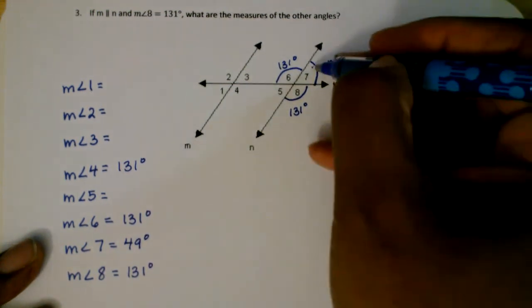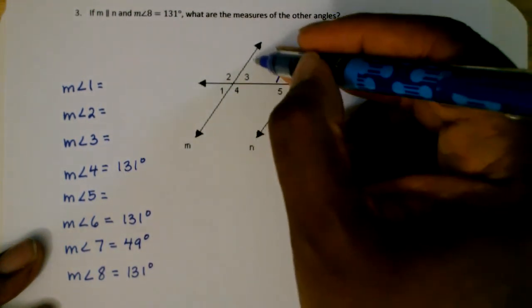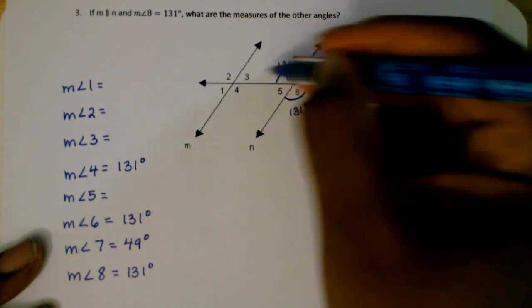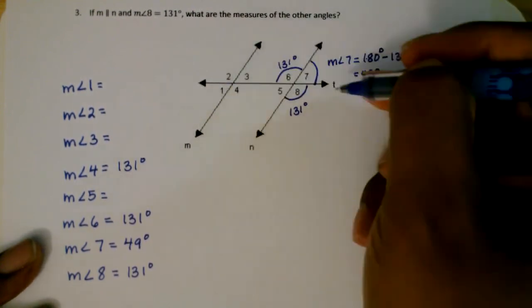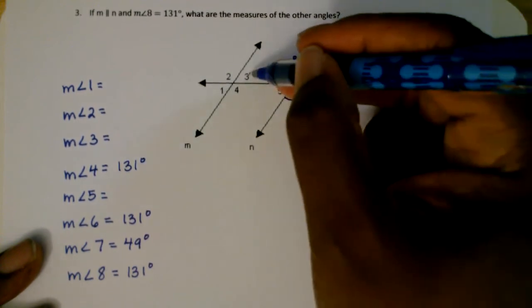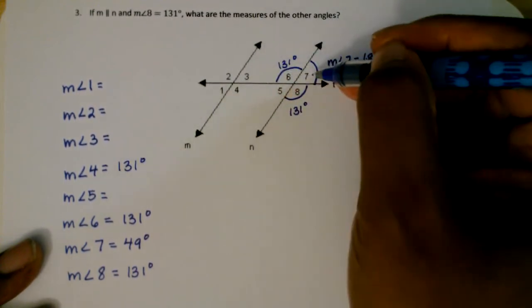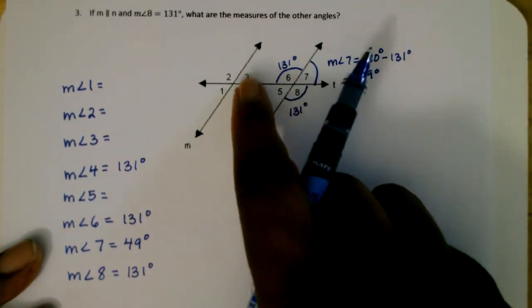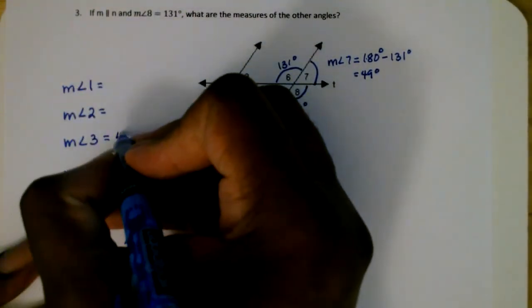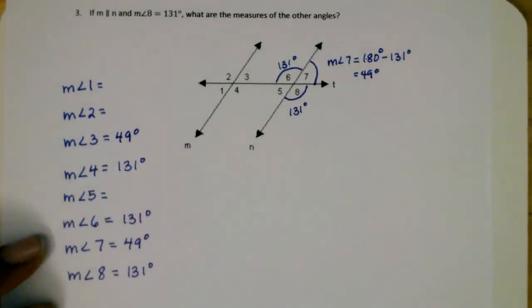Compare angle 7 with angle 3. Those are a pair of corresponding angles. I had two parallel lines cut by this transversal, so these corresponding angles are going to be equal in measure. If the measure of angle 7 is 49 degrees, the measure of angle 3 must also be 49 degrees.